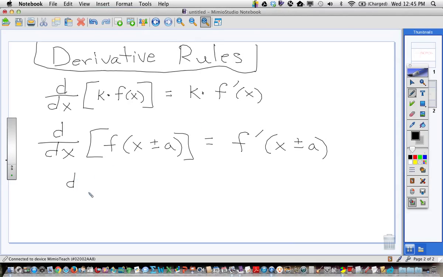All right, and then the last rule we had regarding this was if we have a number on the inside, like a k, multiplied times the x, some constant. What do we say we have to do there?